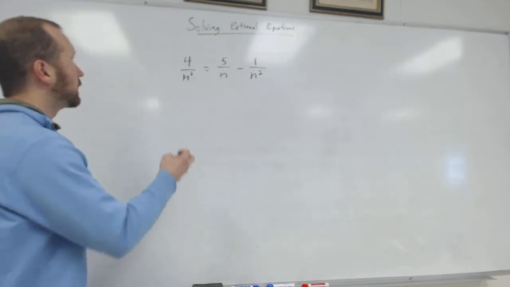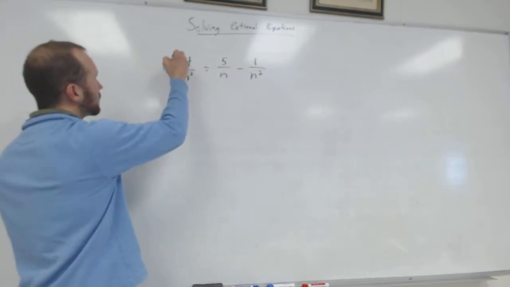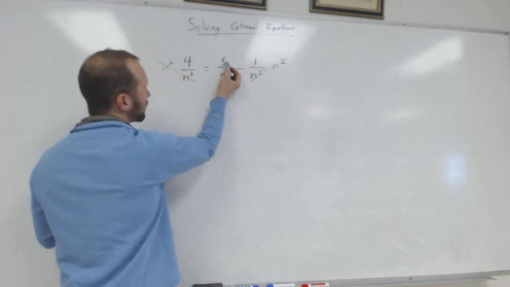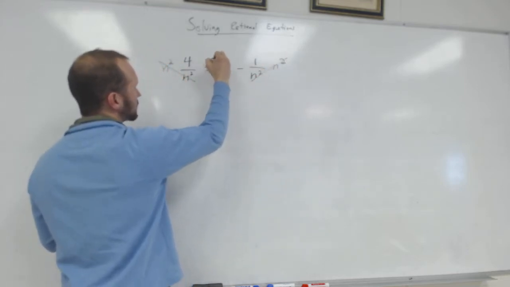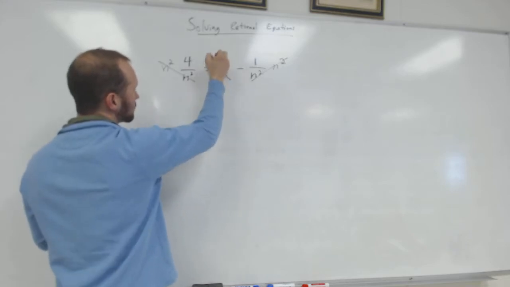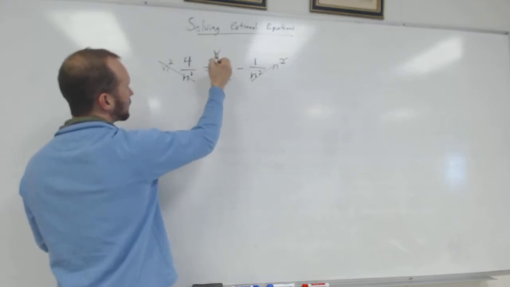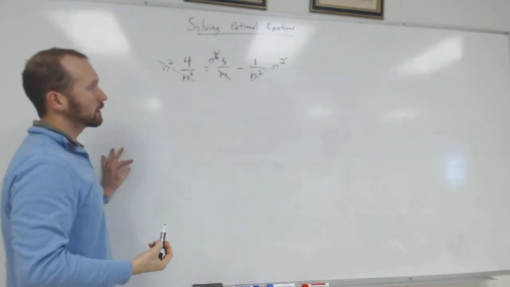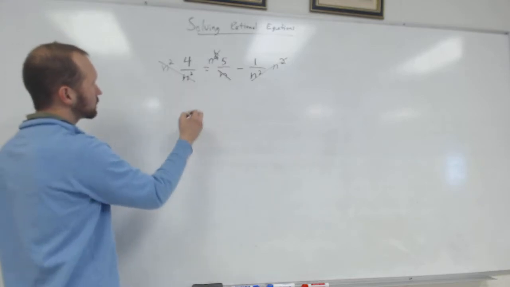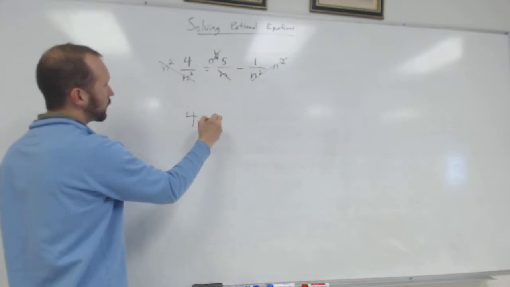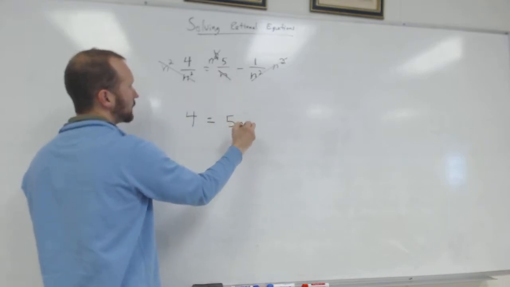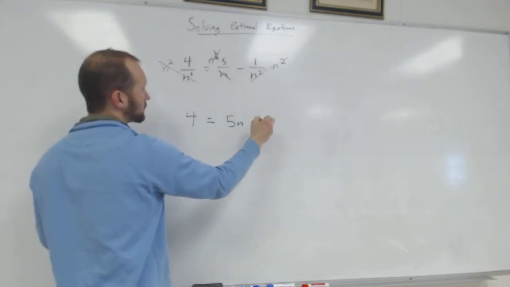N squared, because n squared here will cancel. N squared here will cancel. Don't forget we also need to multiply this fraction times n squared. And what happens here is that the n cancels, but there's one n left up top. So this one just totally canceled out, so that's 4. This one I had an n left, so I've got 5 times n. And over here I have minus 1.